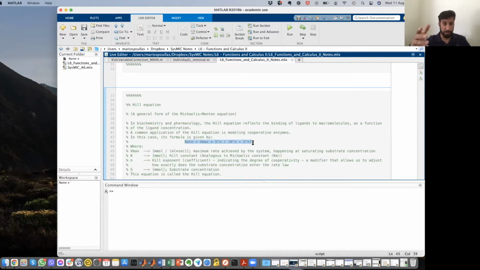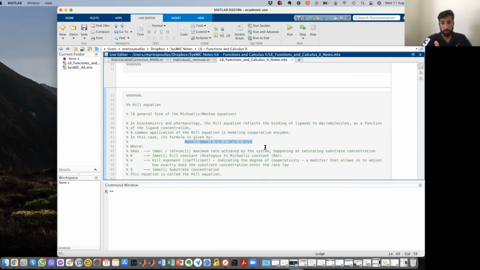It's basically the same as the Michaelis-Menten one, but this time we've got the substrate and the constant K, the Hill constant, to the power of n. And n is the coefficient, the Hill exponent, which basically indicates the degree of cooperativity.